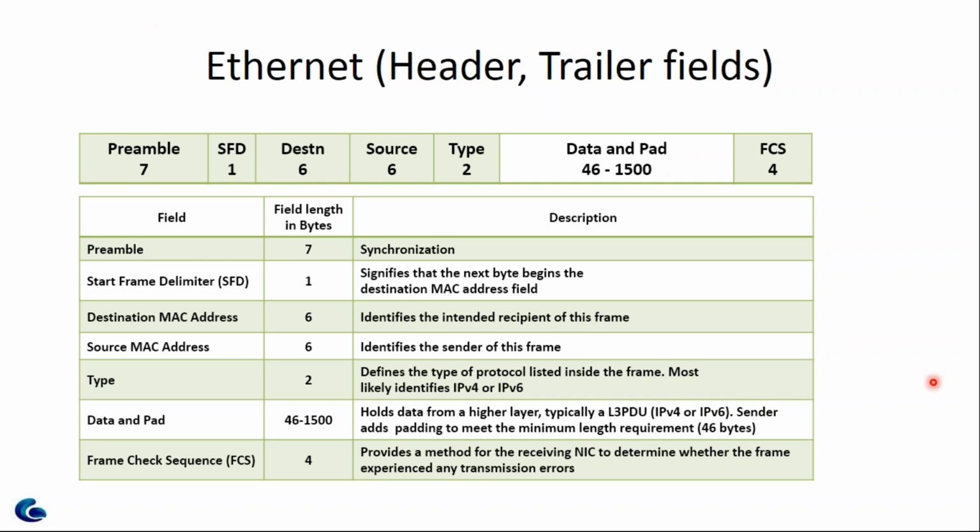So all in all, if you remember my discussion in the TCP/IP model, Ethernet fulfills all the functions of a layer 2. First of all, framing or synchronization. Second is physical addressing, identifying the next hop, source and destination at a layer 2 physical address.